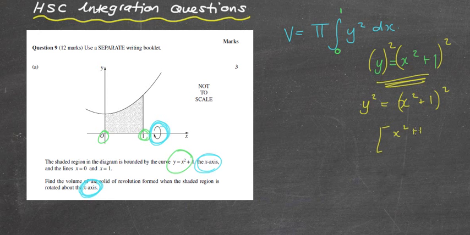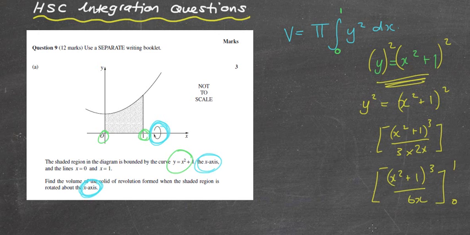We'd have x squared plus 1 to the power of 3 over 3 times, and then I have to differentiate this, which makes it 2x. It's not really much of an issue, is it? We're going to have x squared plus 1 cubed all over 6x. Okay, actually there's no issue there. We can do it that way. So that's actually quite nice. This means I'm substituting into it a couple of times.